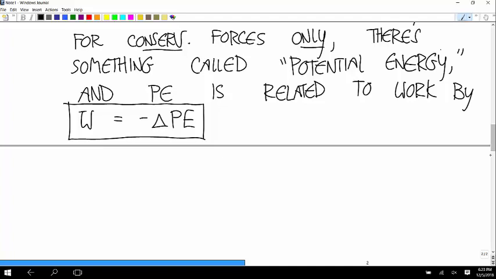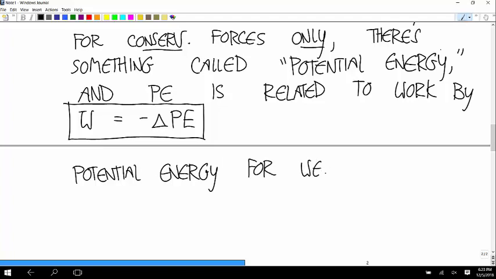In order to do this, you need to know what the mathematical functions are for the potential energy. So here are the potential energy functions for weight and spring forces.